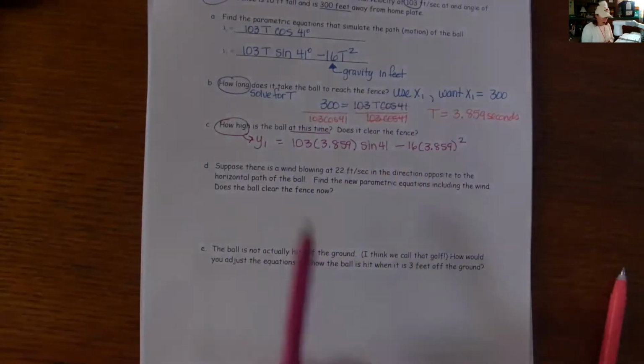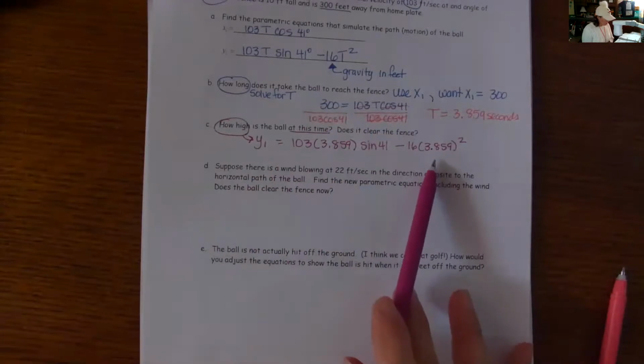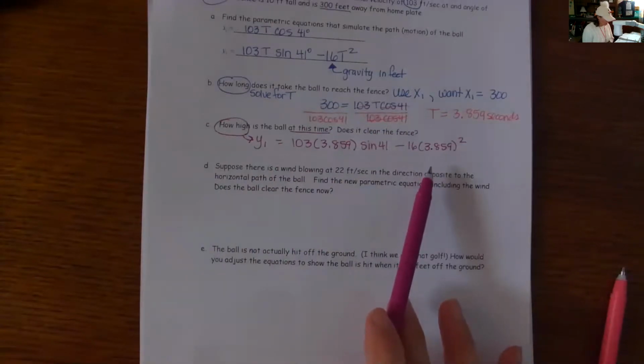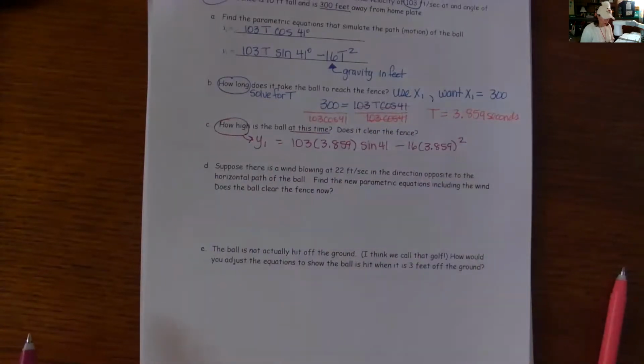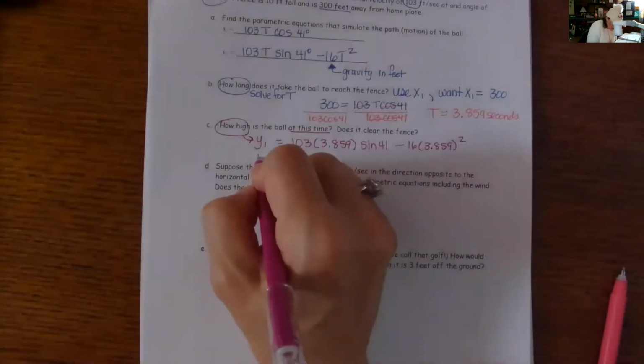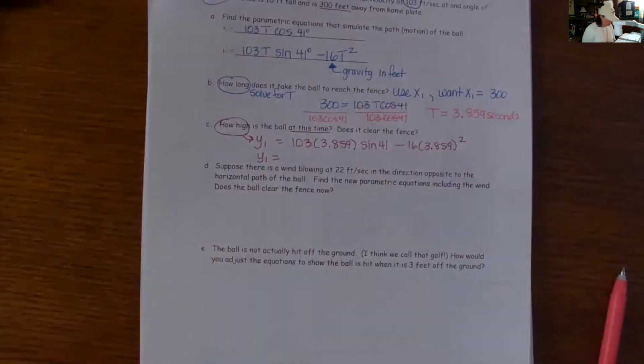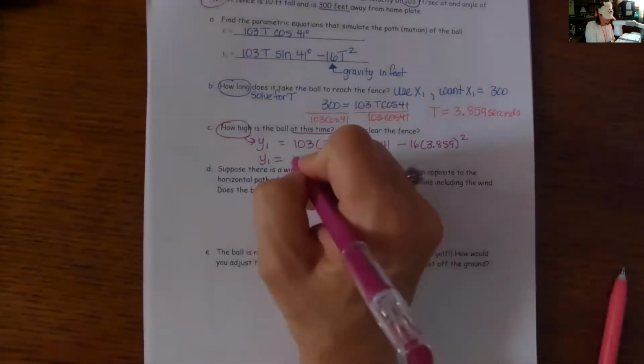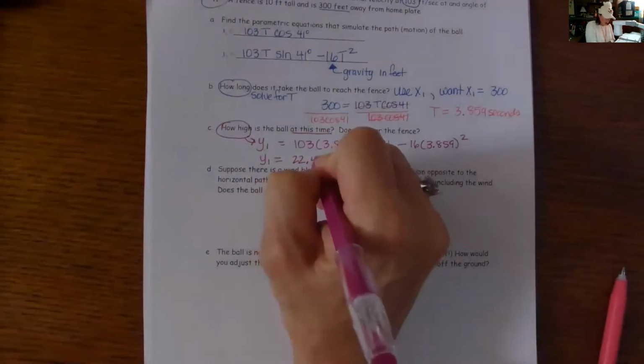Write down what you did in your notes. Now you're going to go straight into a calculator when you work on problems, but you may want this in your notes so that you're like, how did I do that? All right, what do you get for y1? I got 22.498.